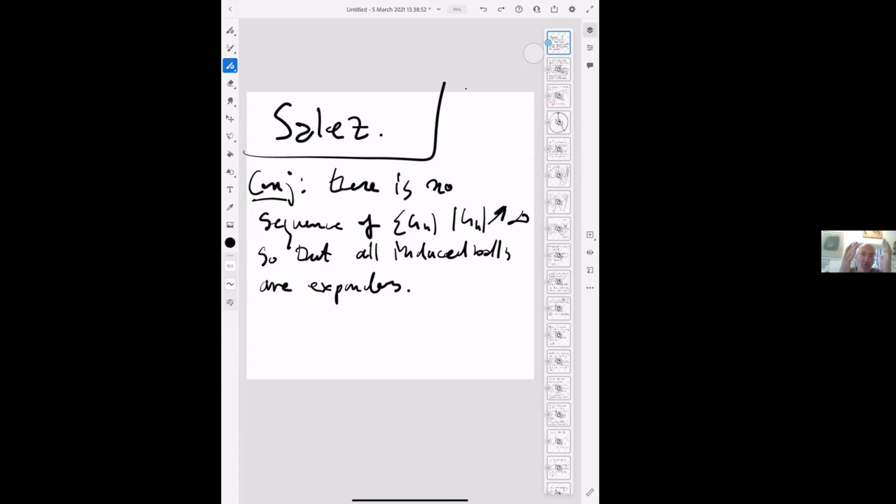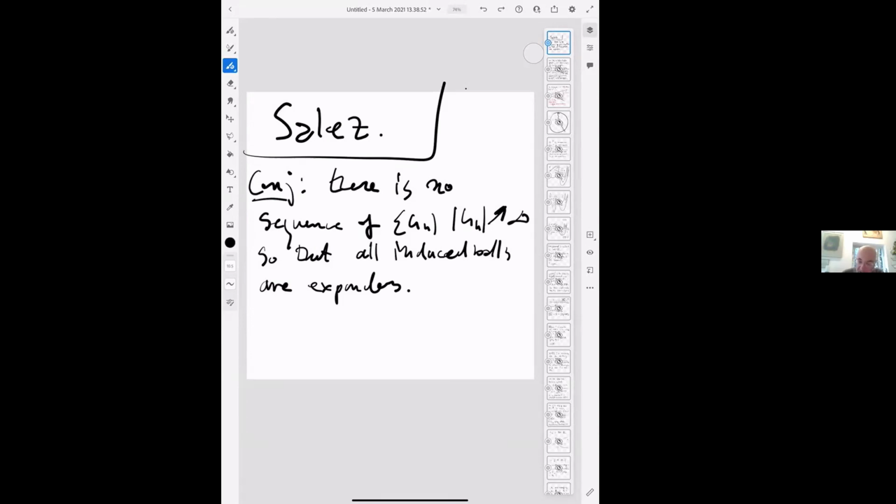So balls of radius less than half the diameter, or less than half the girth, look like trees, which are very poor expanders. Growing trees are not expanders.